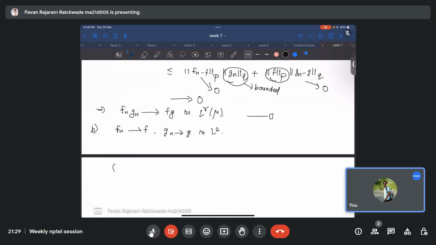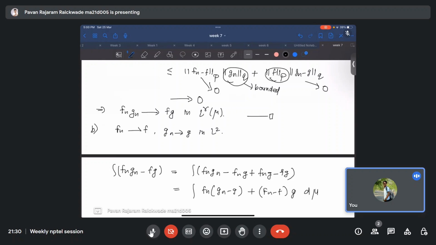Let's see what is the integral of FnGn minus FG. Again the same thing, add and subtract FnG: the integral of FnGn minus FnG plus FnG minus FG, which is the integral of Fn times Gn minus G plus Fn minus F times G. This is pre-assumed, d mu and all.